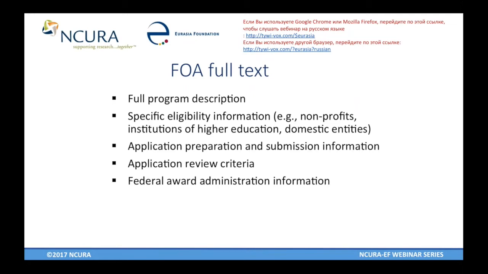Finally, the FOA will provide information on how an award is to be administered if funded. This is important if you are not at an organization that is used to administering a U.S. federal award. You should ask yourself, do we have the capacity and infrastructure to take on this award? And can we meet all of the award conditions?